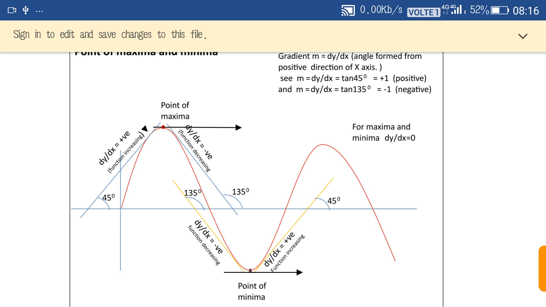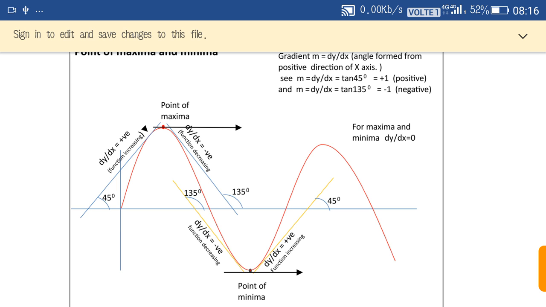This concept is taken in the first derivative test. Here we see that at the point of maxima as well as at the point of minima, the derivative of the function has changed its sign.